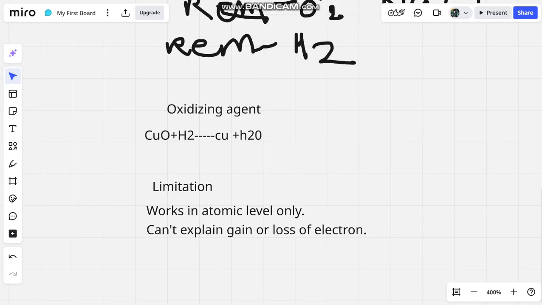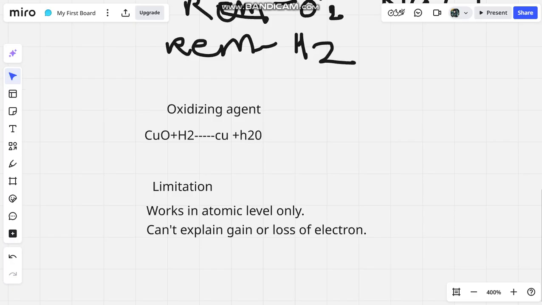Now CuO undergoes removal of oxygen, that means it's getting reduced. H2 results in H2O, that means oxygen is getting added. It's oxidation.